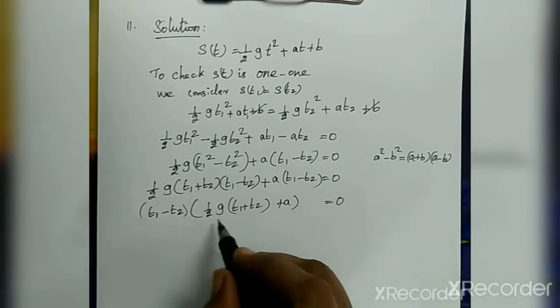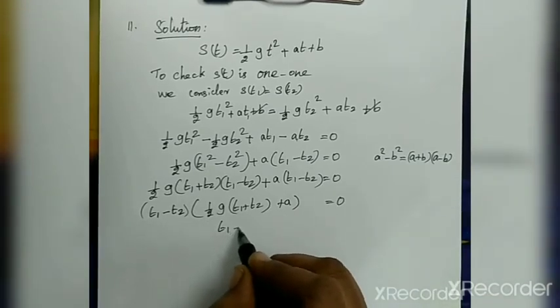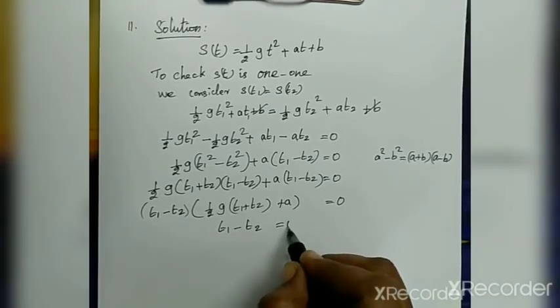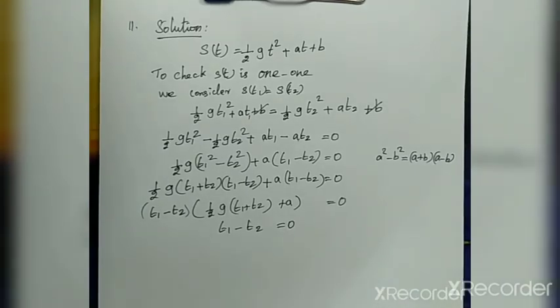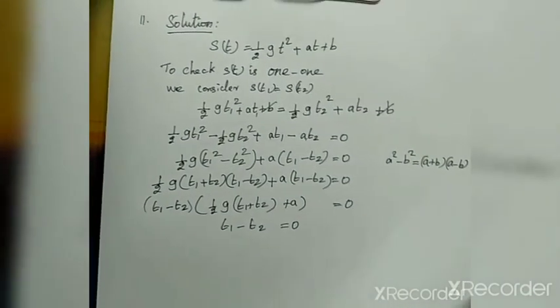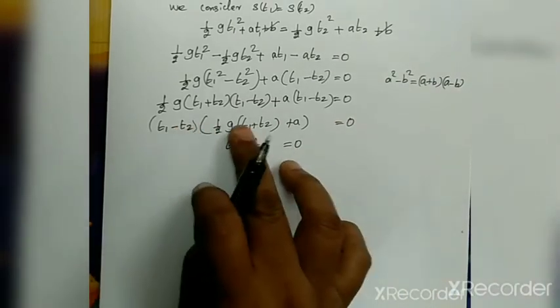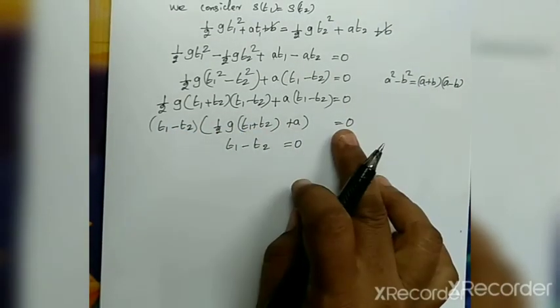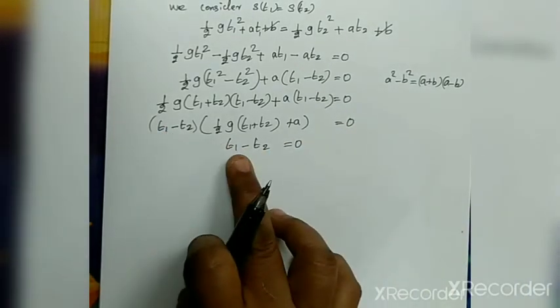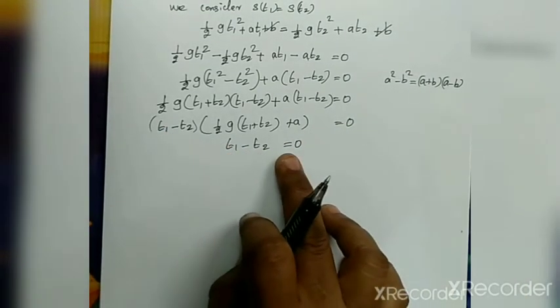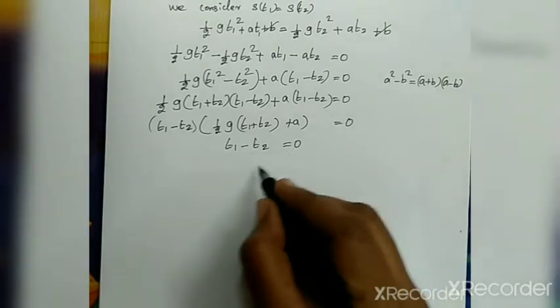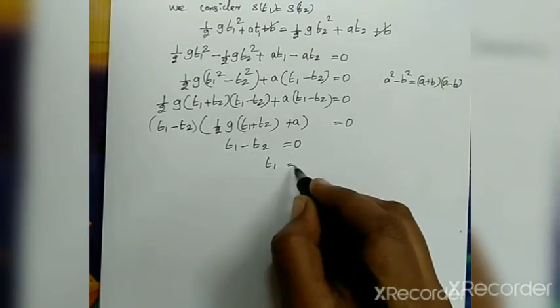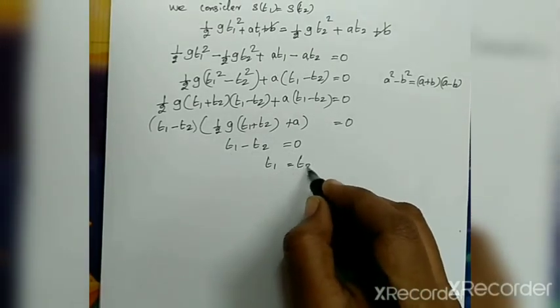So we are going to equate t1 minus t2 equal to 0. Can you understand? These two are factors now, so both the factors are equal to 0. We take the first factor t1 minus t2 equal to 0. Taking the t2 to that side, t1 equal to t2.